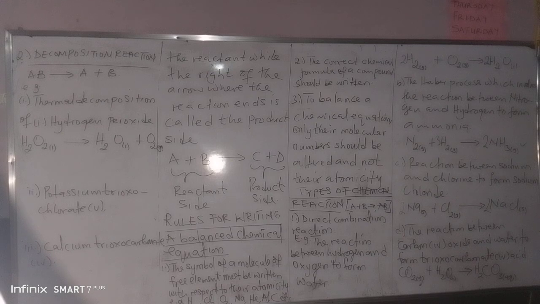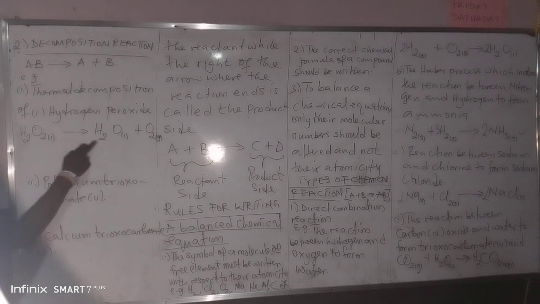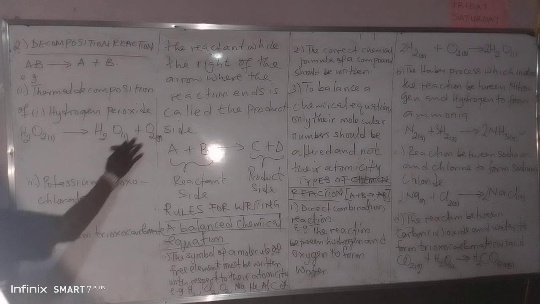That is why I am discussing types of chemical reaction, which is supposed to be an SS2 topic, alongside this balancing to make you understand what you are doing. Now here we have 2 hydrogen atoms. So hydrogen atom is balanced. 2 oxygen, but 1 plus 2, that's 3. What do I do?